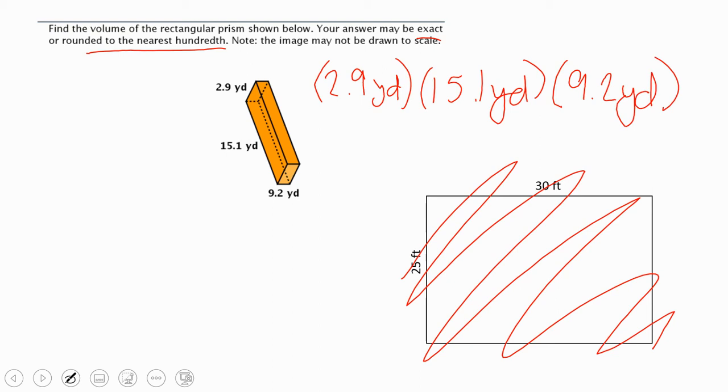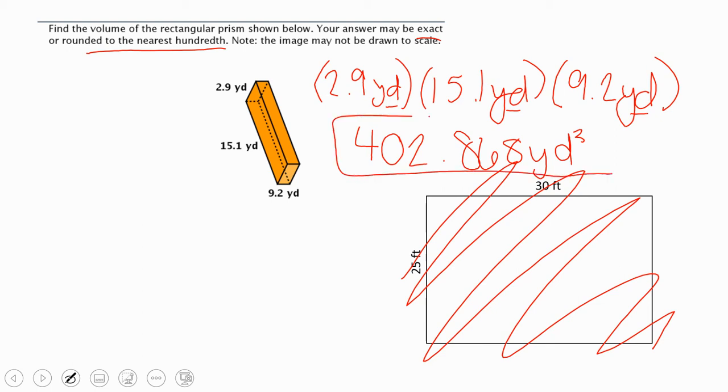Again, put them in your calculator: 2.9 times 15.1 times 9.2. You're going to get 402.868. Again, that is yards cubed, because you have yards times yards times yards. And you can enter that in because it says you can enter in your answer exact.